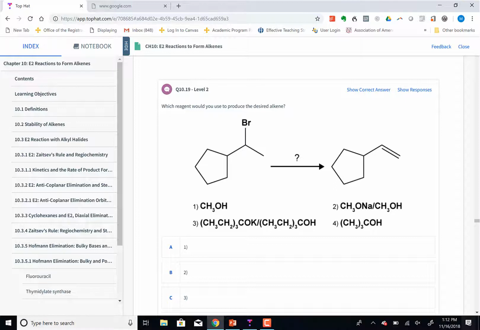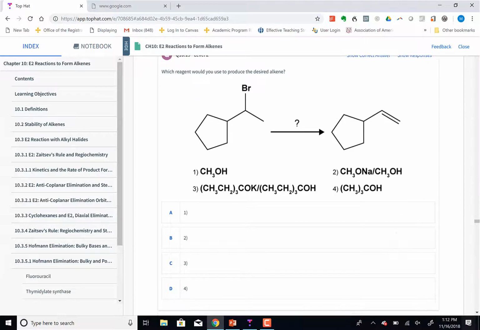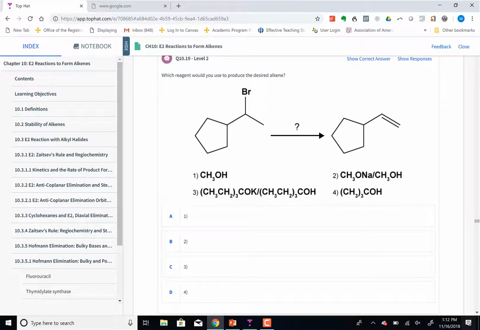And so we can get to the point like these problems where we can say, and I'm letting them do it, hey, you're starting with this base. I want to form the less substituted product, which when I come over here, I have two sets of beta hydrogens that I can remove. I want to remove the less sterically hindered one. Which base should I use?